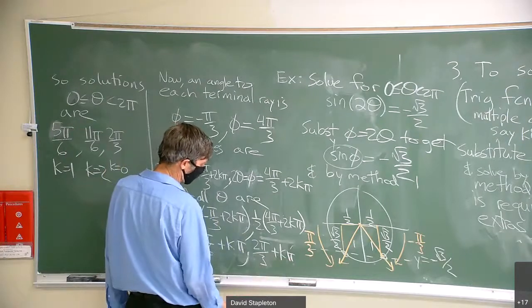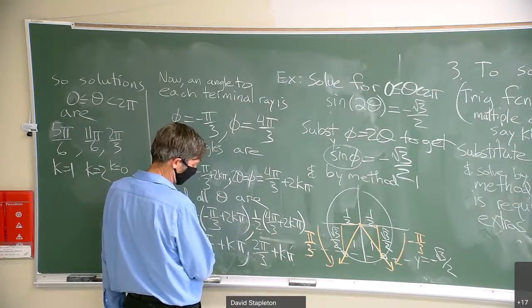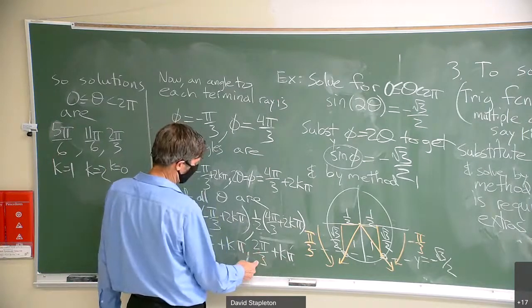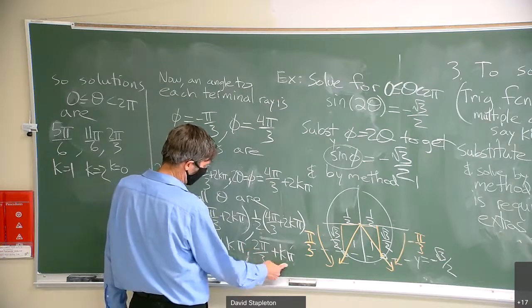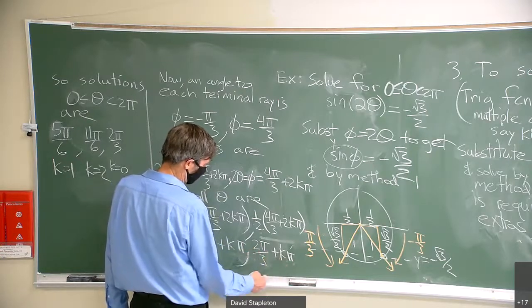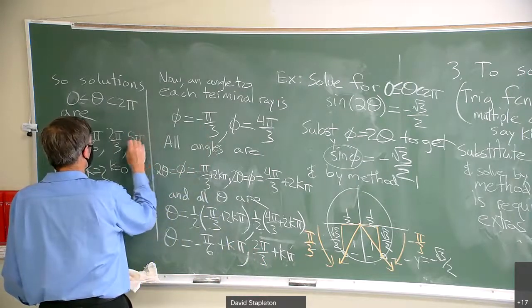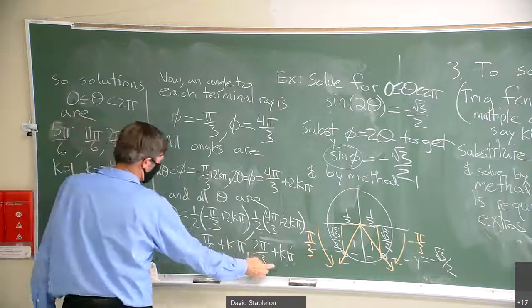So I can't go negative. I won't get any answer between 0 and 2 pi. Now let's try k equals 1. 2/3 pi plus 1 pi is 5/3 pi. So when I put k equals 1, I get 5/3 pi in the second list of solutions.